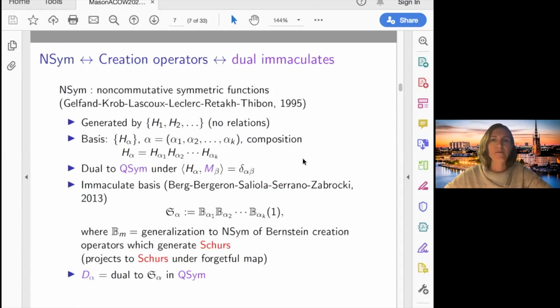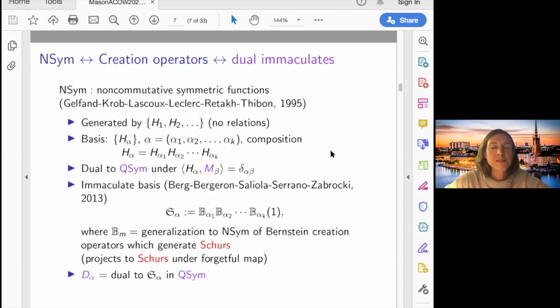Okay, so now for some definitions. To motivate where the dual immaculates come from, we need to go to non-commutative symmetric functions. And there's a really beautiful paper by Gelfand, Krob, Lascoux, Leclerc, Retakh, and Thibon that describes this very nicely. There are lots of other important references, but this was the one I wanted to point you to.